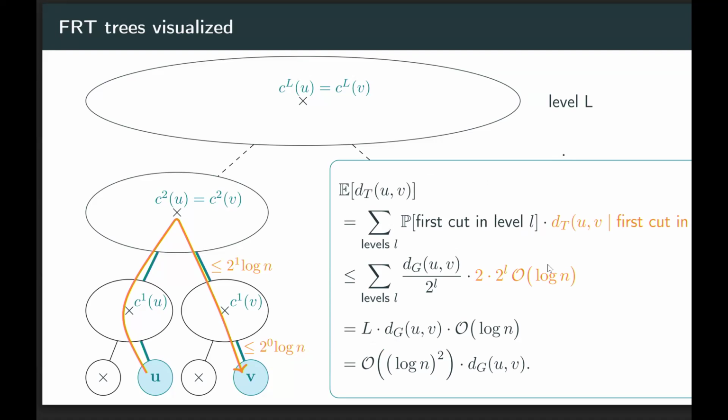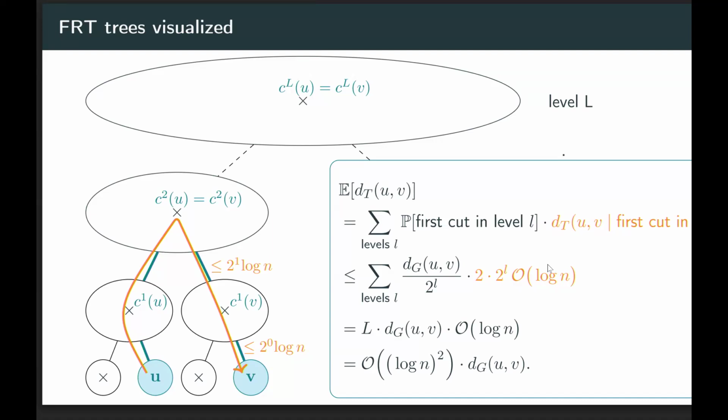U to V could be cut for the first time in here or here or here. Assuming it's cut in here for the first time, then we get a very good bound on the distance, because we know that this is 2 to the l, 2 to the l minus 1, and just adding all of those up, there could be multiple of those, it's just a geometric tail.